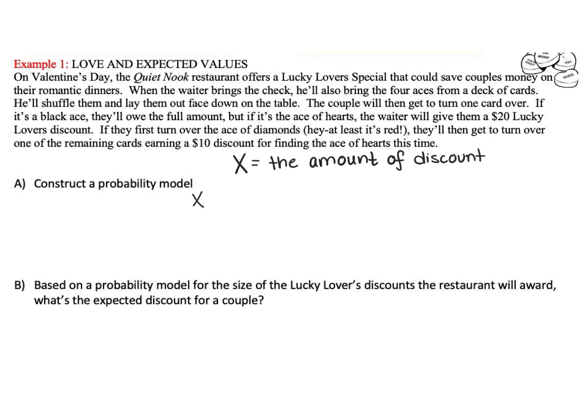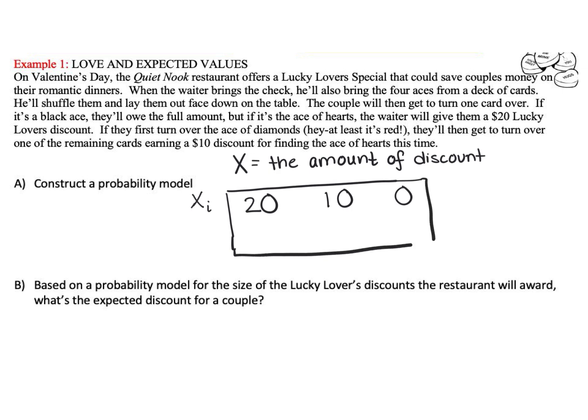My first row is each individual x_i, which is indicated with this lower i to indicate we've got the first outcome, the second outcome, the third, etc. So I could win $20, or I could win 10, or I could be unlucky and only get nothing. I also have to list the probability of this happening. So each probability I'm going to put beneath this. This is a probability model if, remember, it sums to 1 in this bottom row.